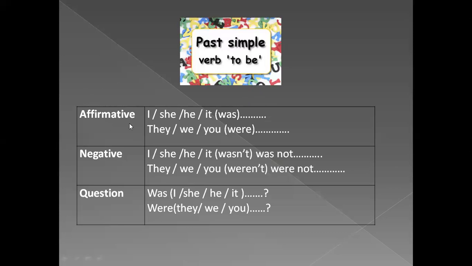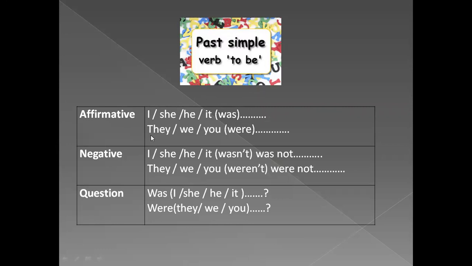And we said before that the affirmative sentence, اللي هي الجملة المثبتة, grade 7, is the normal sentence, الجملة العادية يعني. Whenever I start the sentence with a singular subject, اللي هو الفاعل المفرد, we use was with it.